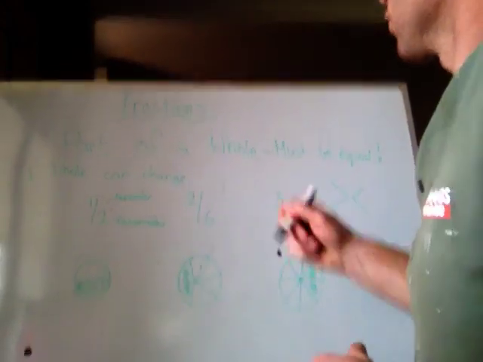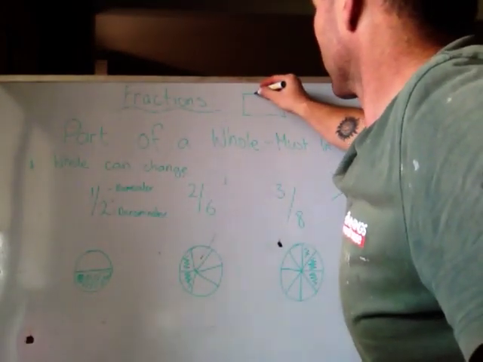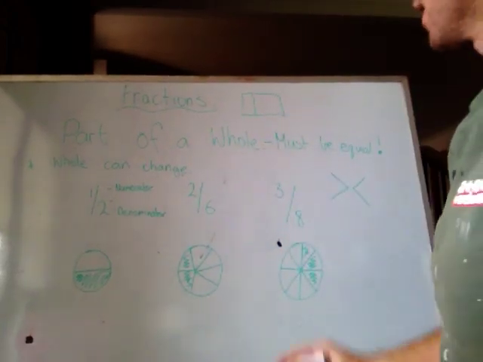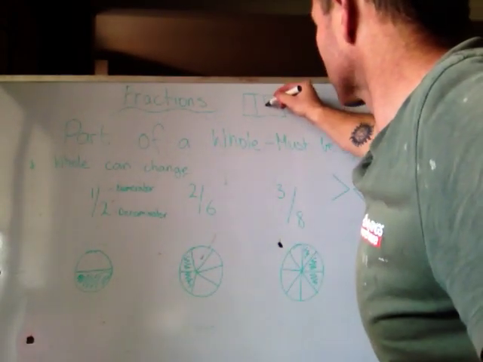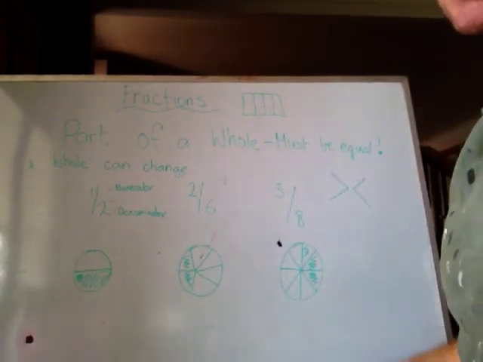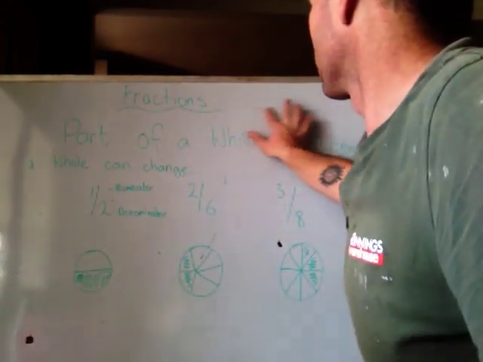You can't have a lovely little bit of square cake and have a piece that big and a piece that big. They have to be equal parts, equal pieces, so they're all the same. That is what fractions are. They are equal pieces of a whole.